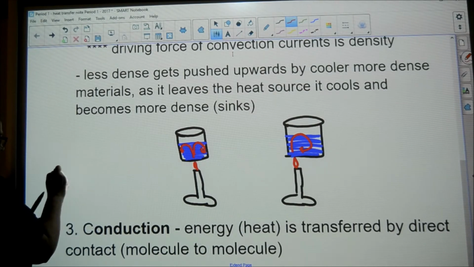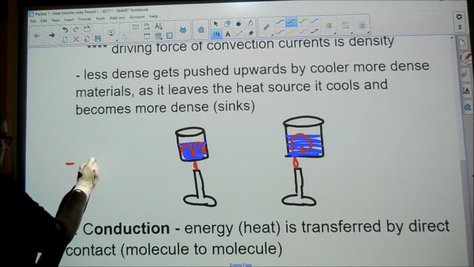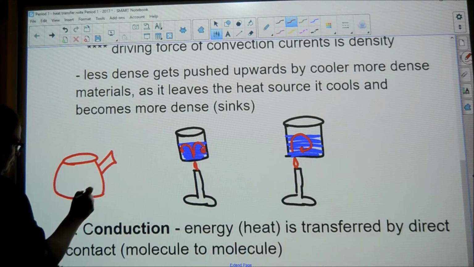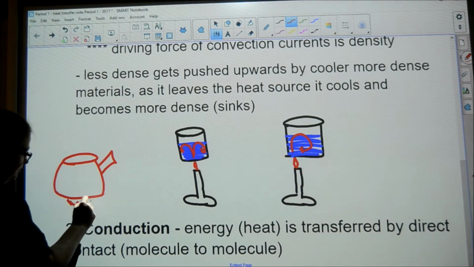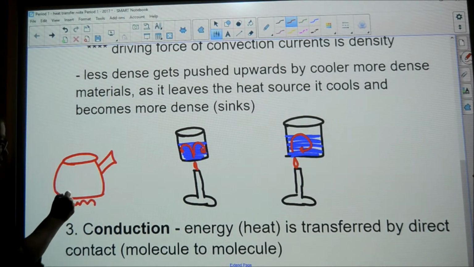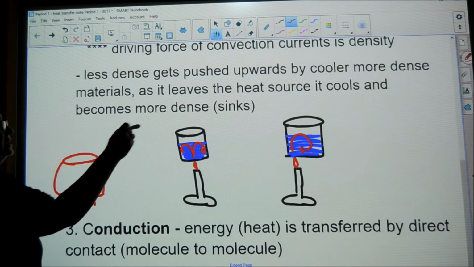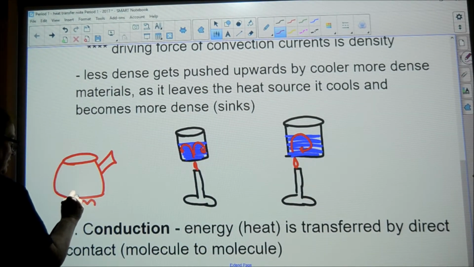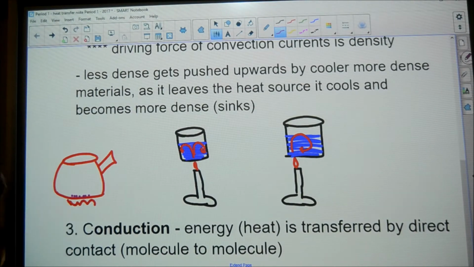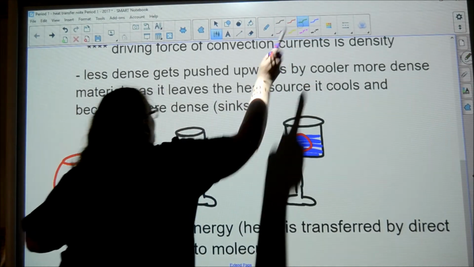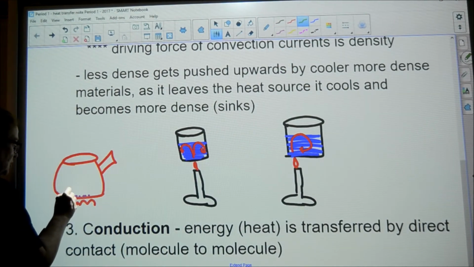So inside, we'll say inside my tea kettle, here's my flame. That's heating the bottom of the kettle up. The water molecules that are touching are going to get heated. All right, conduction. The water molecules then touching those water molecules are going to get heated.